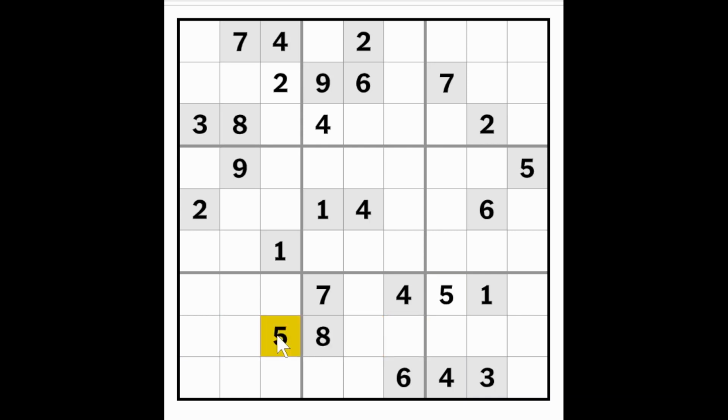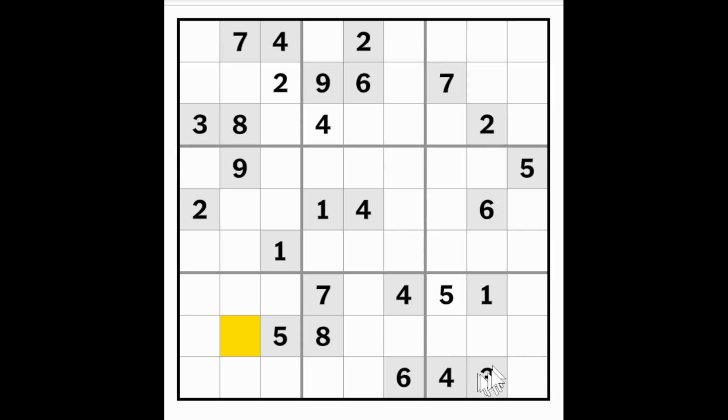Of course, there is a 5 already, so we can disregard the 5, and now we are just looking at the 1, 3, and the 4. They must go in 3 of these 4 cells. The 4, of course, will have to go here or here. And I can't say anything about the other two, but it's something to keep in mind.